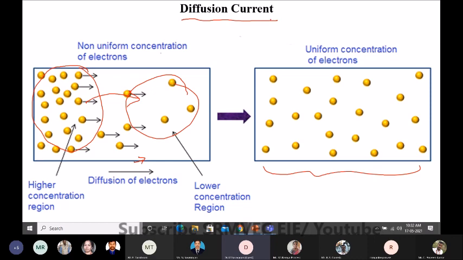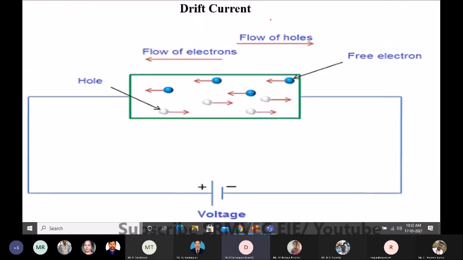And the next one is called drift current. This is due to an additional supply. Whenever it is connected to an external supply, we give outside force or outside energy to make the charge carriers move. So the charge carrier movement due to external energy is what we call drift current.